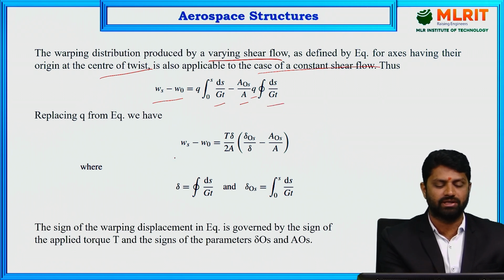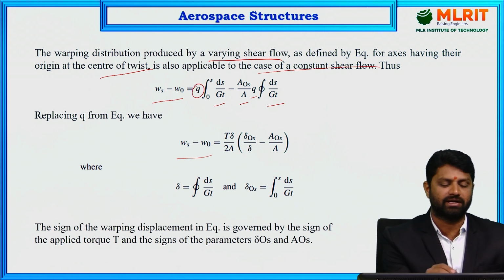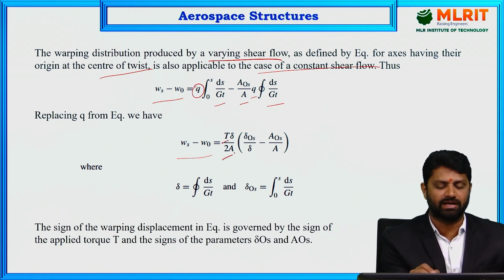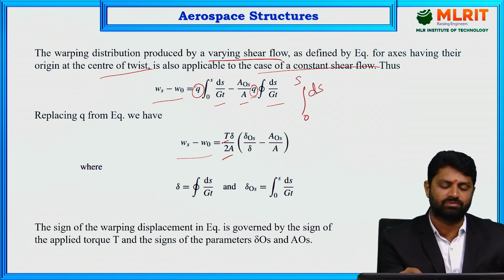What we are doing here is putting it in the form where Q can be written as T by 2A from the torsion equation, and we take that common here because here also we have Q. The integral 0 to S ds by gt can be written as delta OS, and it should be multiplied and divided by delta. Similarly for the integral of ds by gt.